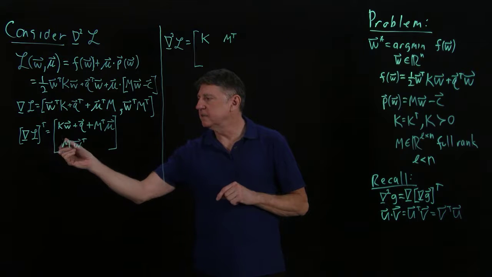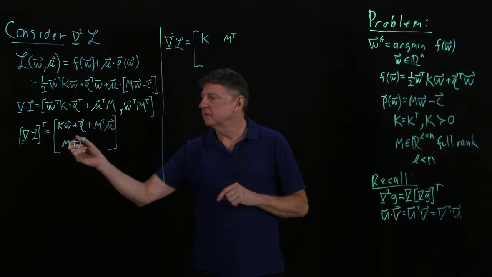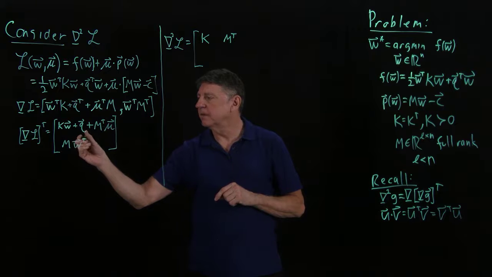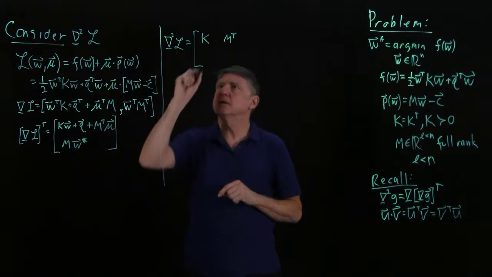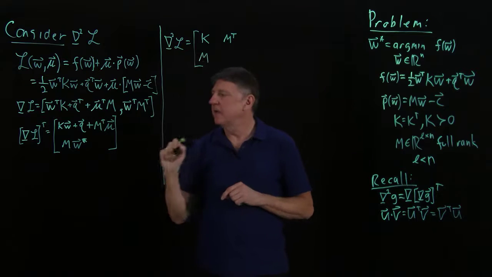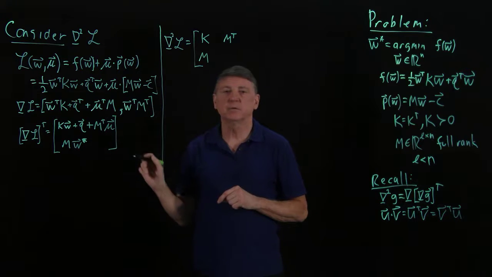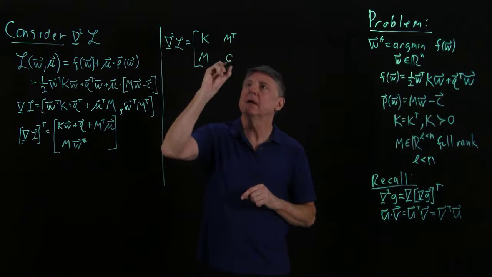I then take this with respect to W. Oh, that shouldn't be a transpose, that should just be W. With respect to W, that is an M, and then differentiating this with respect to mu gives 0.